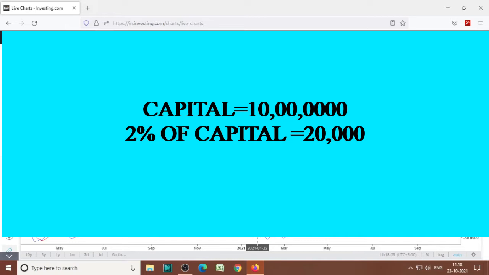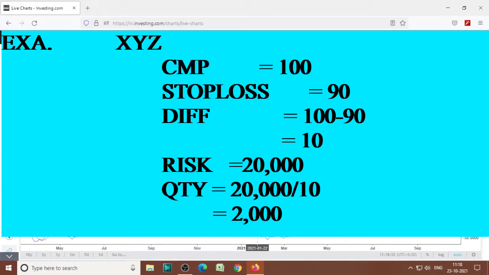Let's understand with this example. This is XYZ stock. The current price of this stock is 100 rupees, so we buy at 100 rupees, and the stop loss is at 90 rupees.